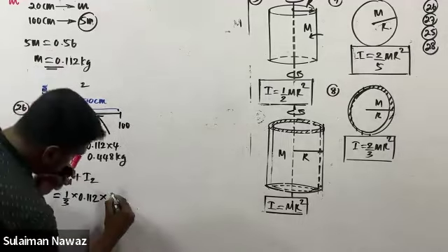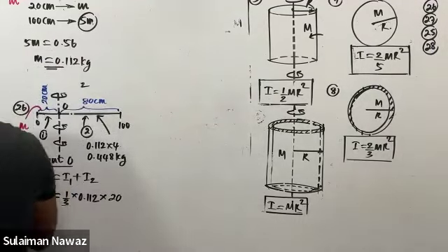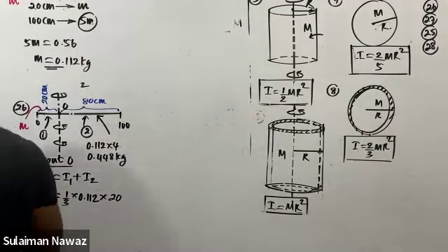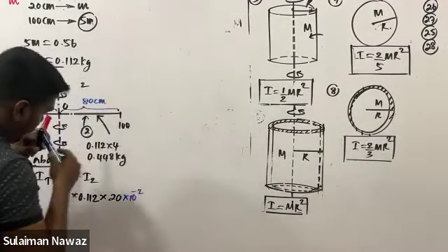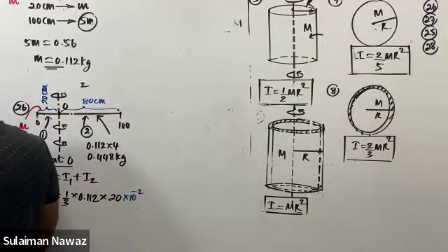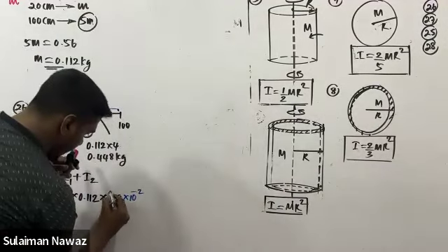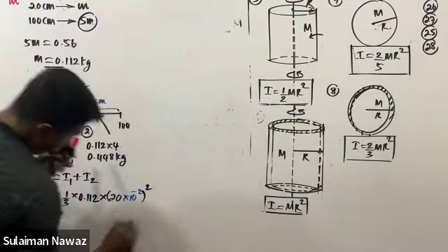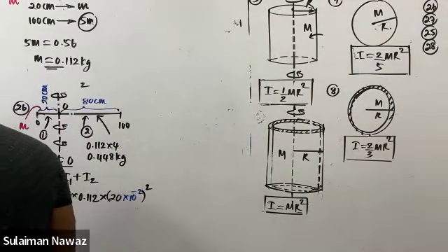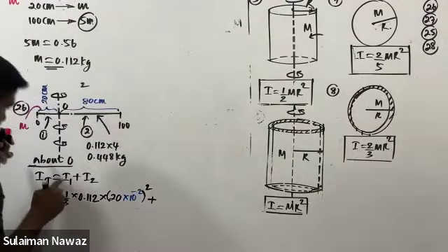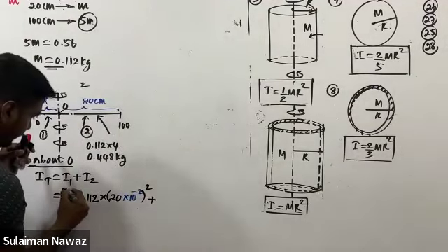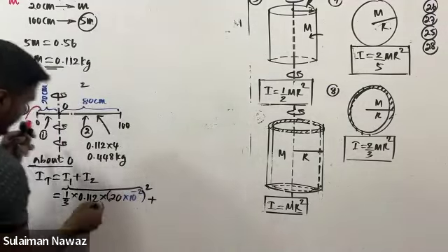R square means 20 centimeter, and I want to convert to meters, so multiply by 10 to the power minus 2, whole square. So this is the moment of inertia of part 1, this is I1.